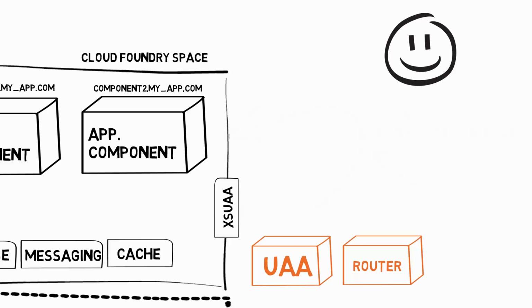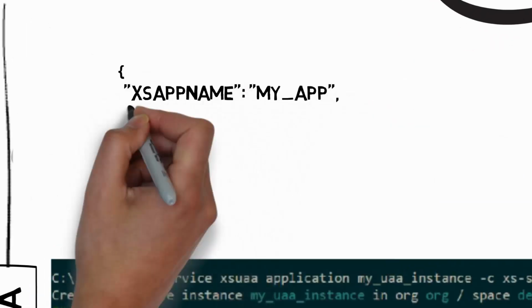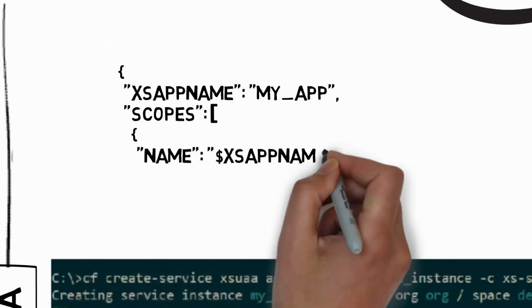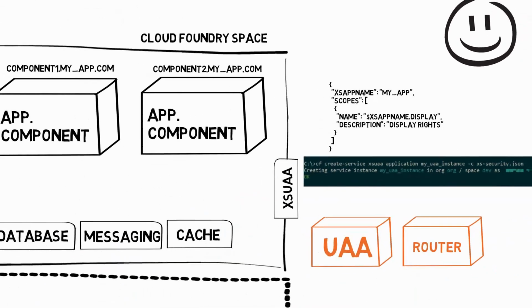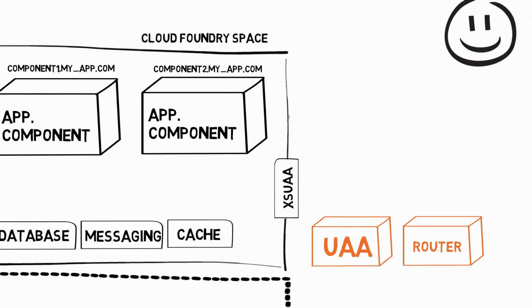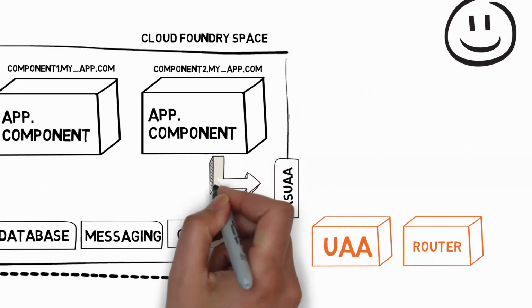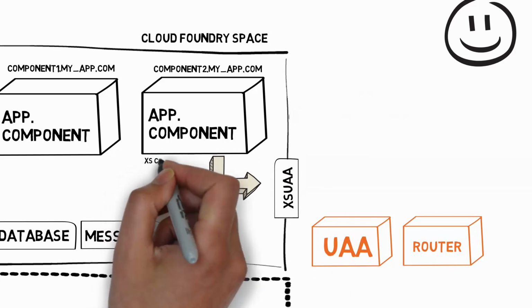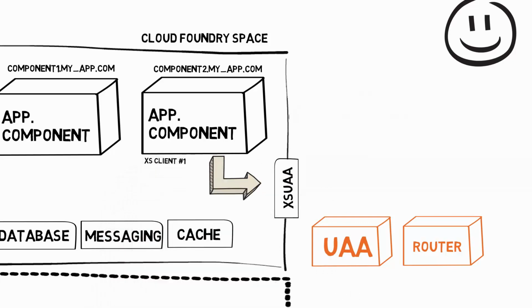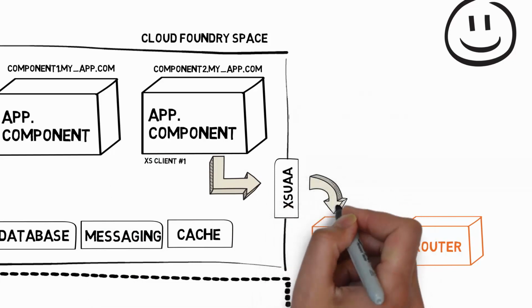You first create a new service instance, telling it the name of the application you are trying to secure, along with the various access rights that the application specifies. Then you bind your app components to this service instance. This way, every individual app component receives a unique client ID that it can use to identify itself when validating tokens.